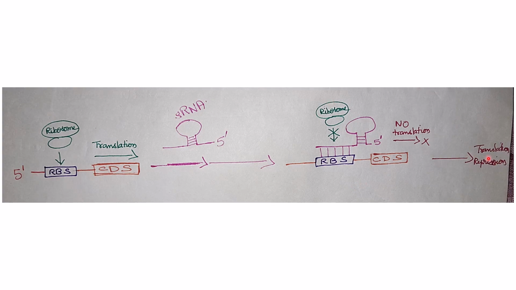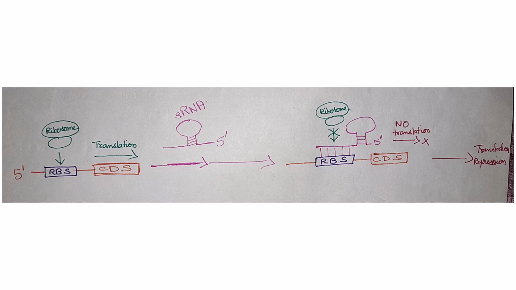So it will result in translation repression. Now in some bacteria there are RNA chaperones, that is Hfq, and they play a role in maintaining the stability of the sRNA, as well as facilitating the sRNA-mRNA pairing.